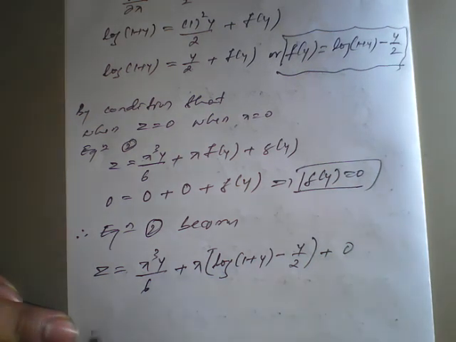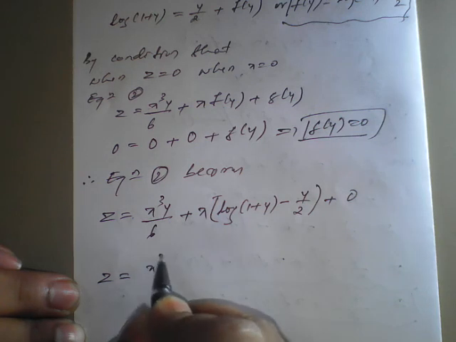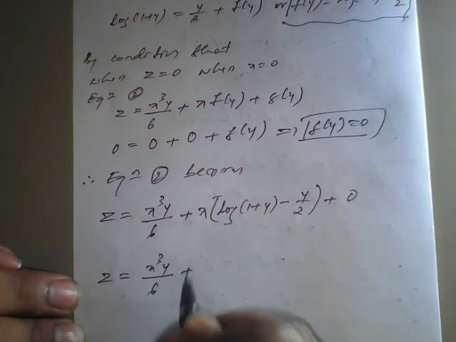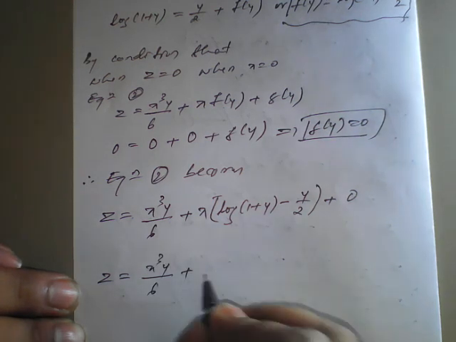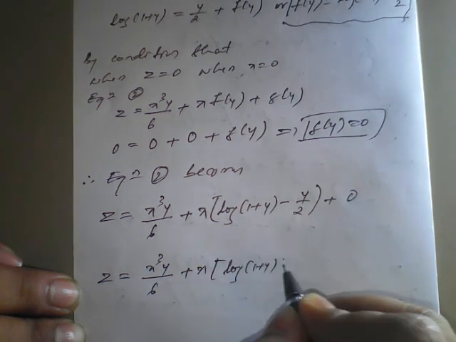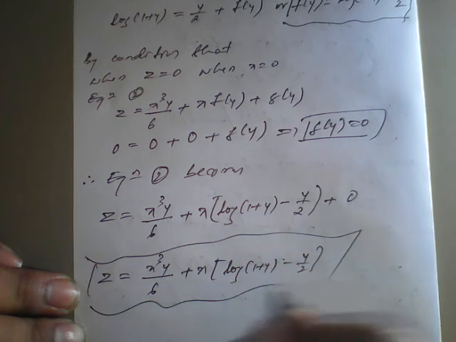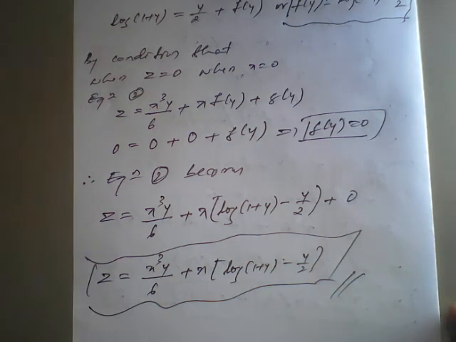So therefore z is finally equal to x³y/6 plus x into log(1+y) minus y/2, which is the required equation free from the integrating functions we had added.